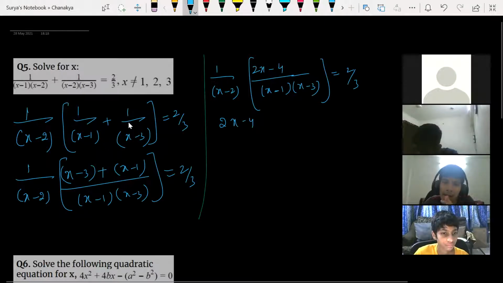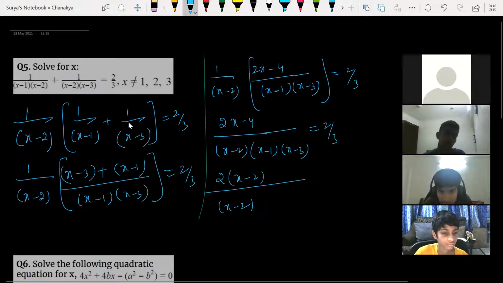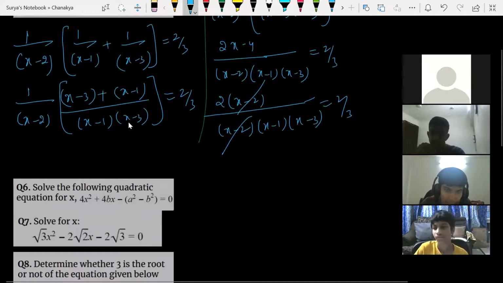So 2x minus 4 divided by x minus 2 into x minus 1 into x minus 3 is equal to 2 by 3. So here, can I take 2 common in the numerator? Getting my point? So this will get cancelled now. Very simple. We're done with the answer now.